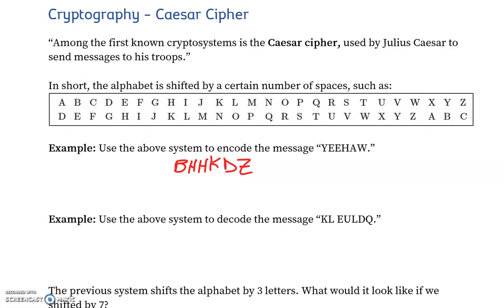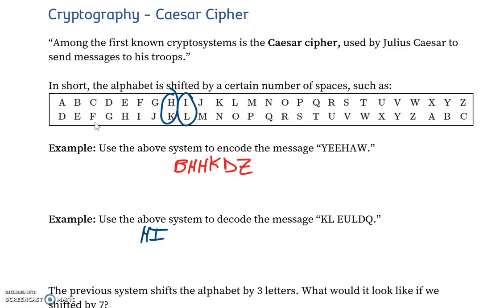This would basically be like using the bottom line and going back up to the top. So if we have K, I'm going to look in the bottom line here and go, oh, okay, K actually means H. L is right next to it. That actually means I. So we see the first word is "hi."